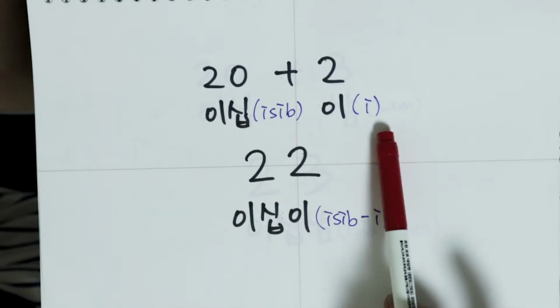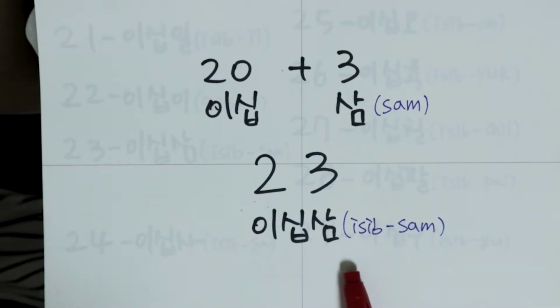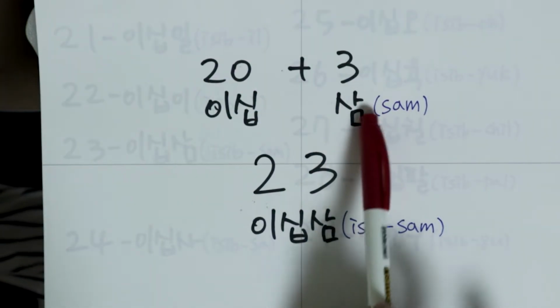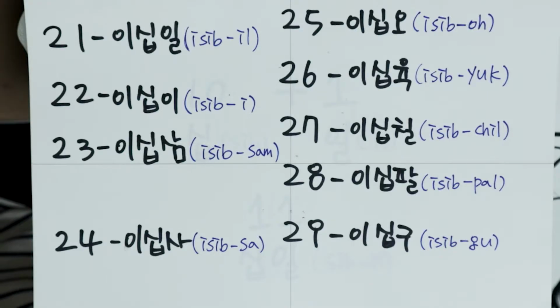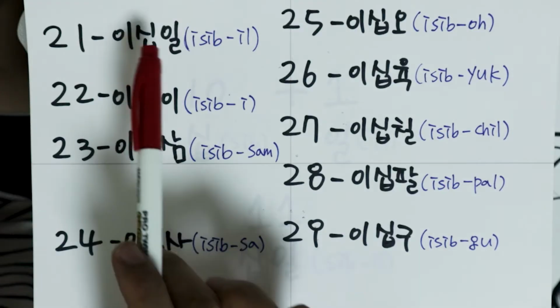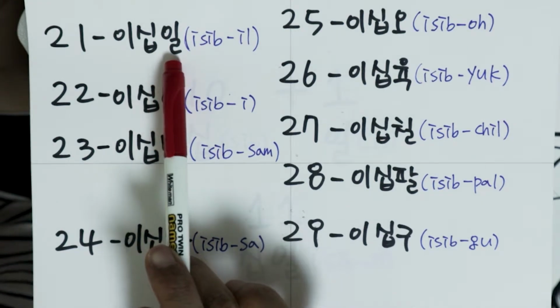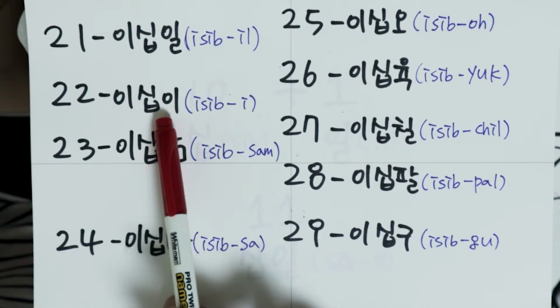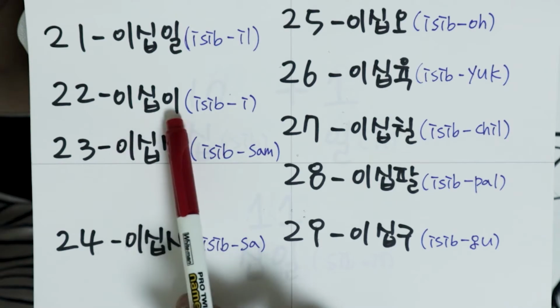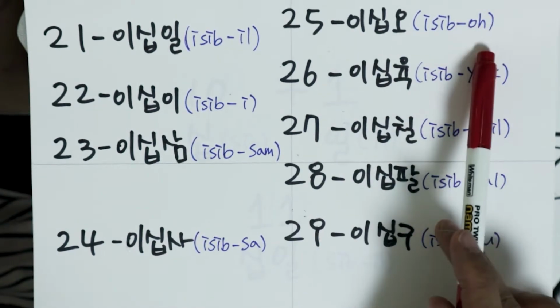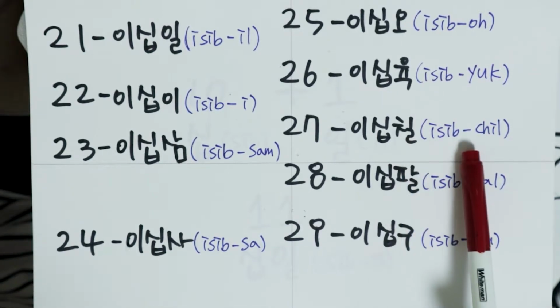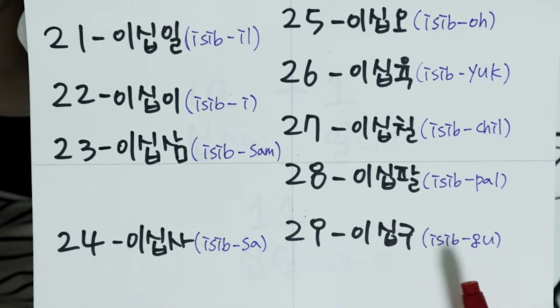So 22. Next is 23. This is 20 plus 3. So that's why this is called 23. Let's count from 21 to 29. 21 is 21. 22, 20 plus 2. So that's why 22, 23, 24, 25, 26, 27, 28, 29.